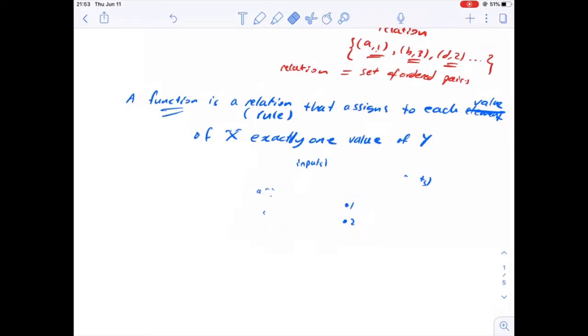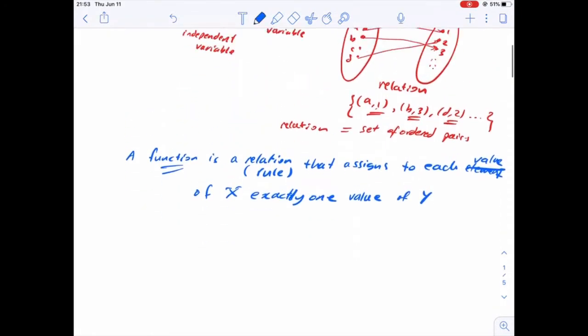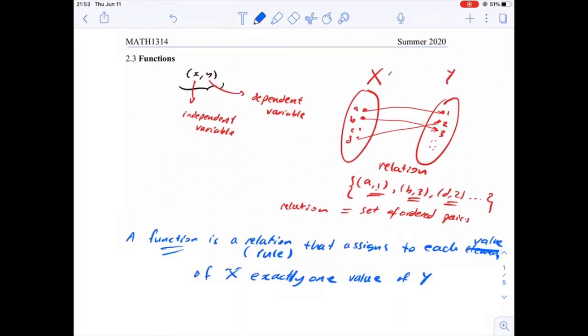So keeping this in mind, we can decide whether a given relation is a function or not. Let's take some examples. Before that, let me tell you something about a terminology that's usually used.